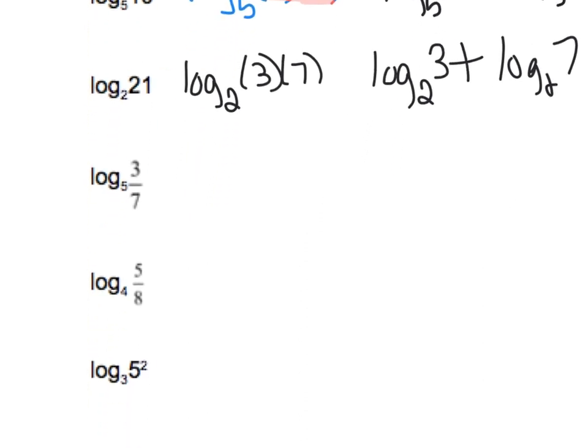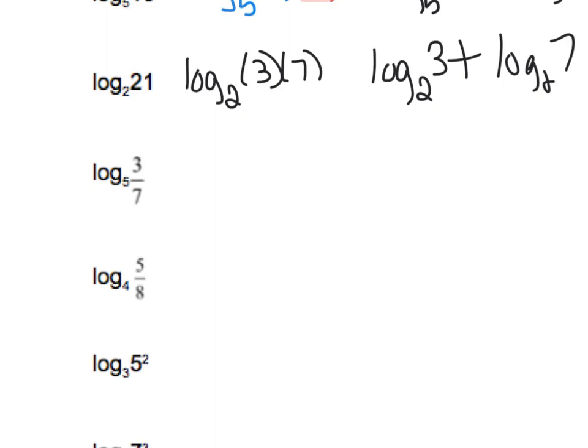The next two questions are division questions, so we're going to go to that quotient rule, where if you have log base 5 of 3/7, that's essentially log base 5 of 3 divided by 7. So if we were going to break it apart, division means that we would subtract.